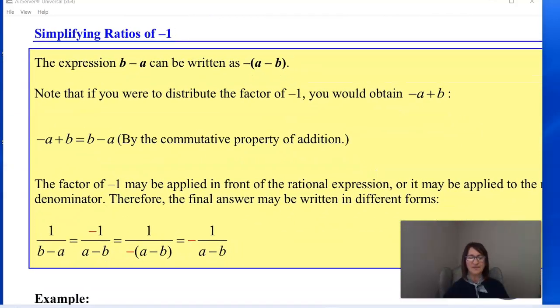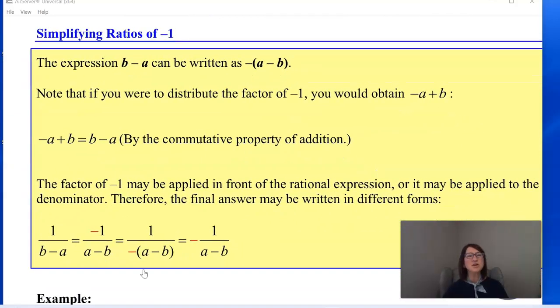All right, now let's look at simplifying ratios of negative 1. We were introduced to this idea a little bit earlier, and it's back.